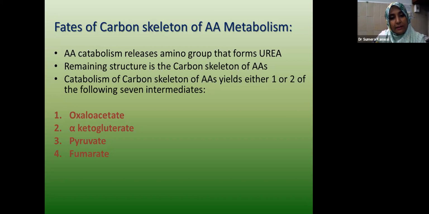Fourth, fumarate, another intermediate of the TCA cycle. Fifth, succinyl-CoA, again a TCA cycle intermediate. Sixth one is the acetyl-CoA. This acetyl-CoA can enter into the TCA cycle, but it can also be utilized for the synthesis of fatty acids.